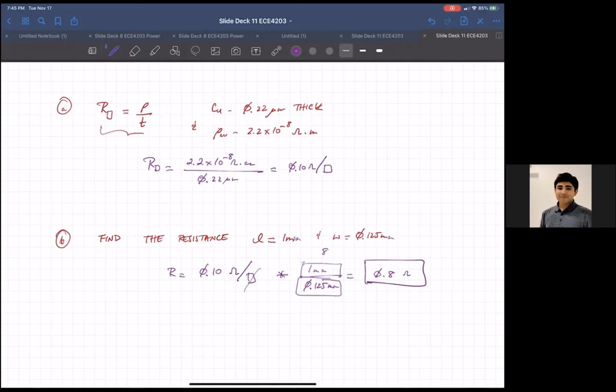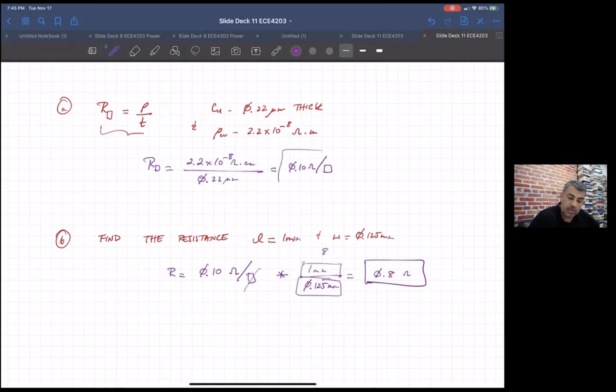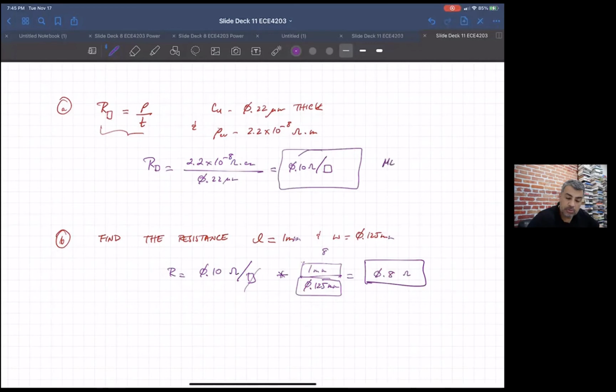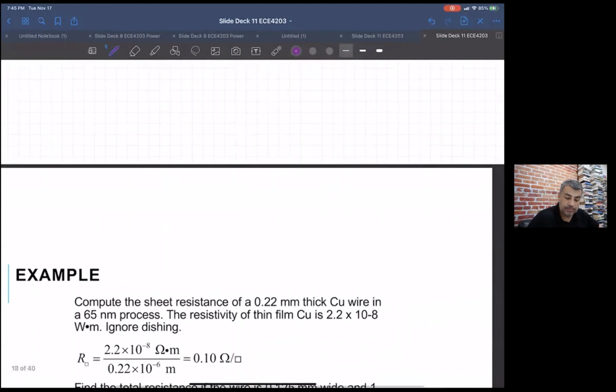Notice once we calculate this once, let's say this happens to be your metal one resistivity, in a given process you only calculate this once. Then whenever you have a line of a certain geometry, you just multiply it by the length over width of that line to get the resistance value.